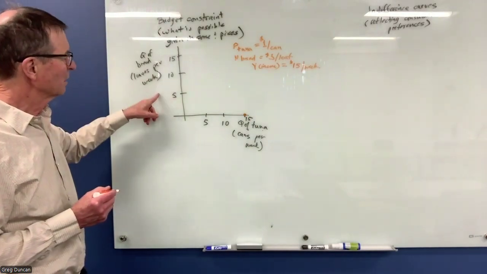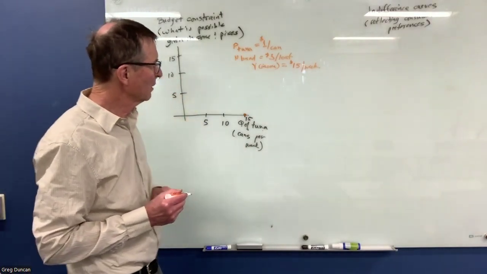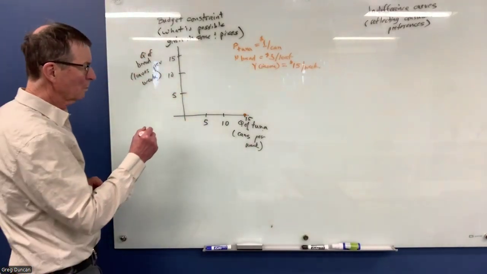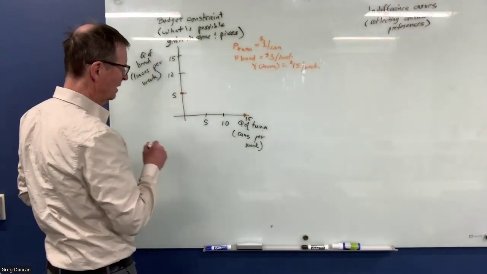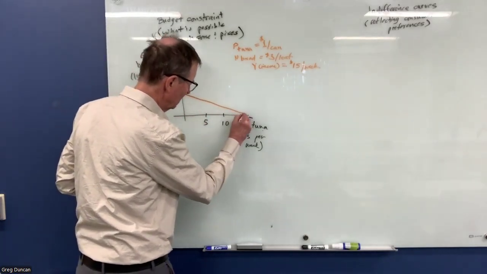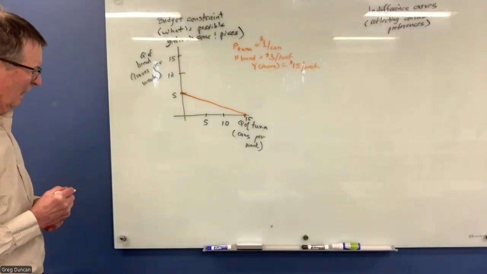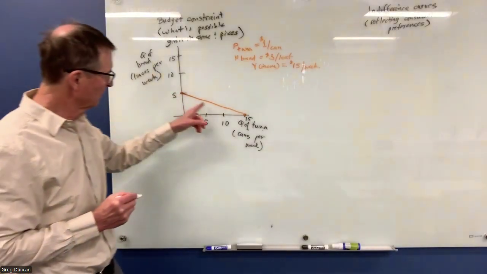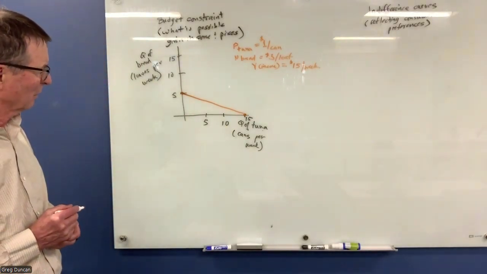What about over here? Still the $15, but now bread is $3 a loaf. So with the $15, you can buy 5 loaves. And you can buy combinations of tuna and bread reflected by the line in between these two endpoints.